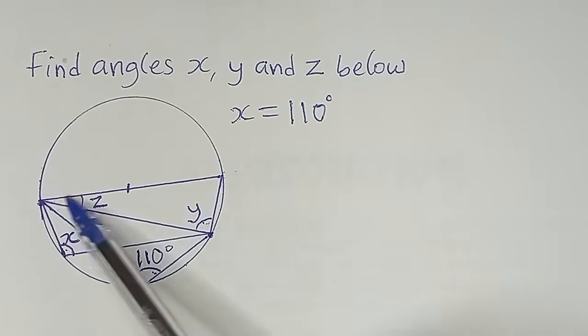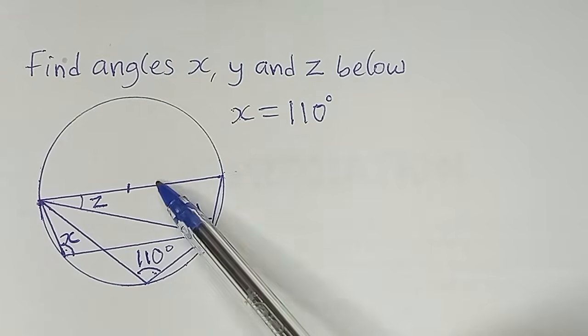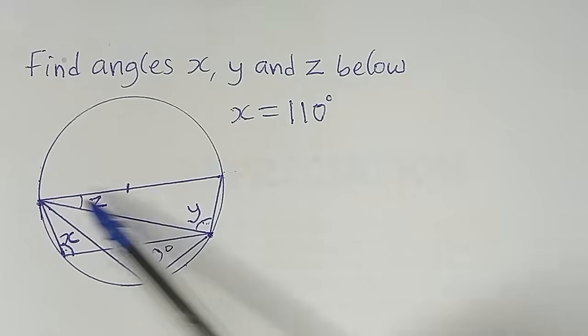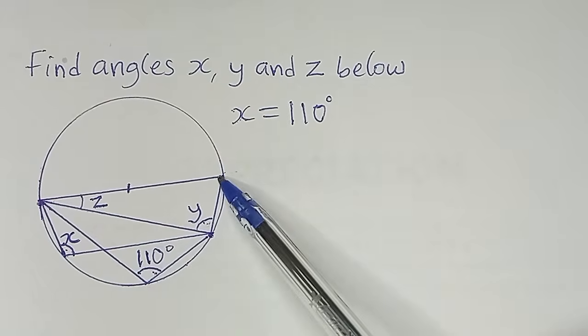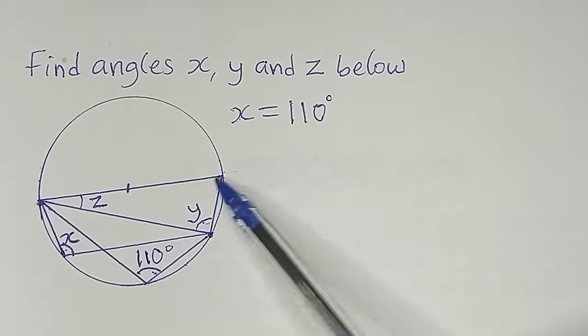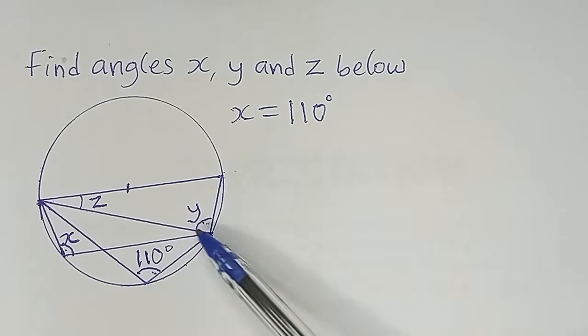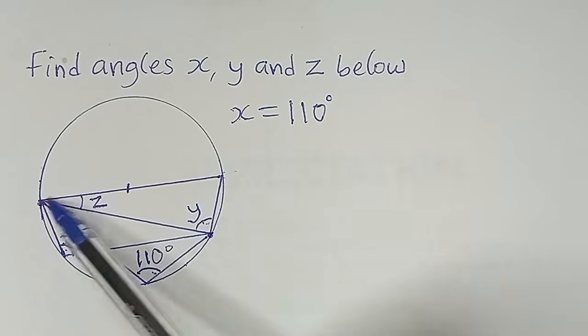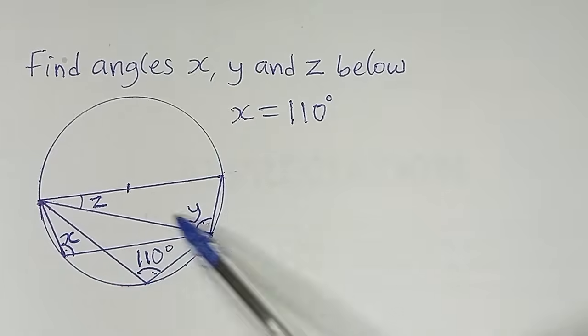Once you see a diameter like this, the opposite angle that the diameter makes in the triangle it forms, which is this angle Y, is opposite the line. This is the diameter line, and this is the angle opposite the diameter line in this triangle.